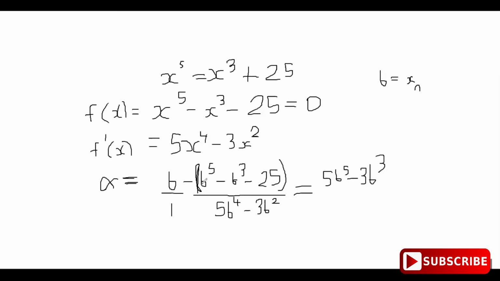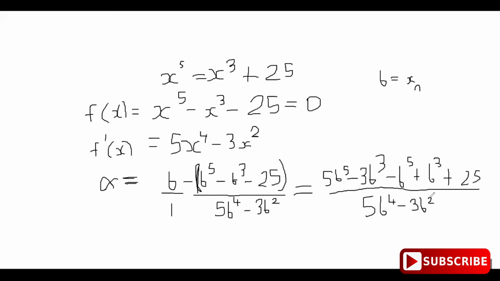Now, when you expand the minus, you're going to get minus b to the 5th plus b cubed plus 25, divided by 5b to the 4 minus 3b squared.